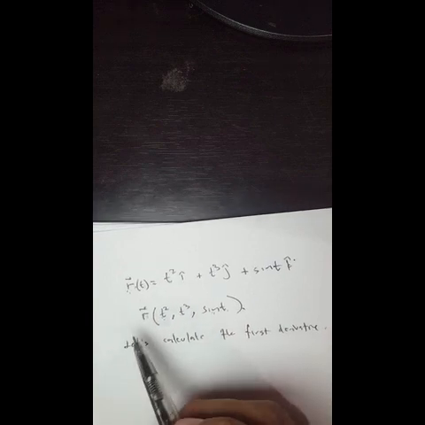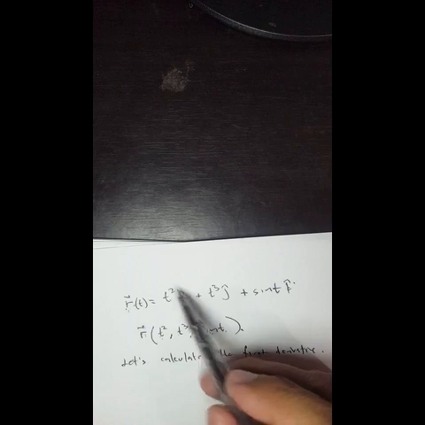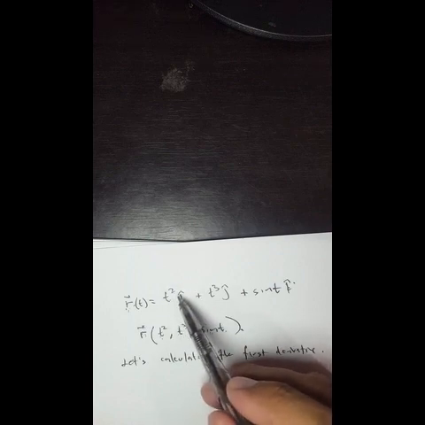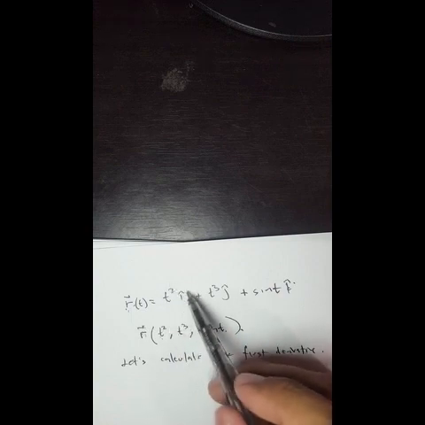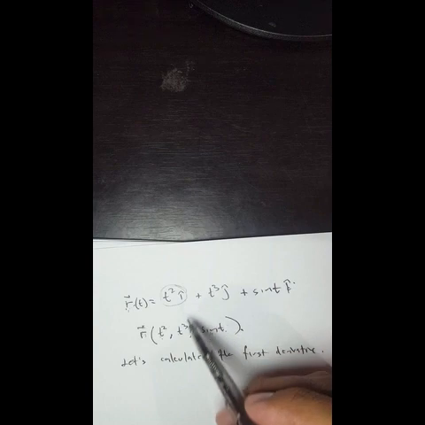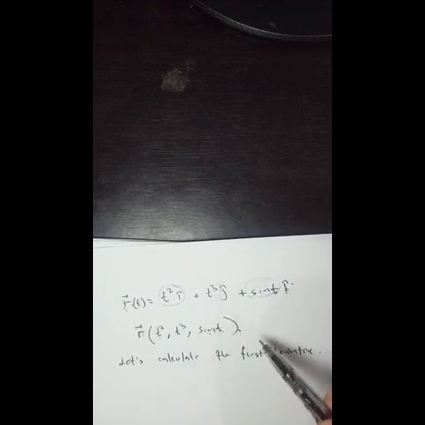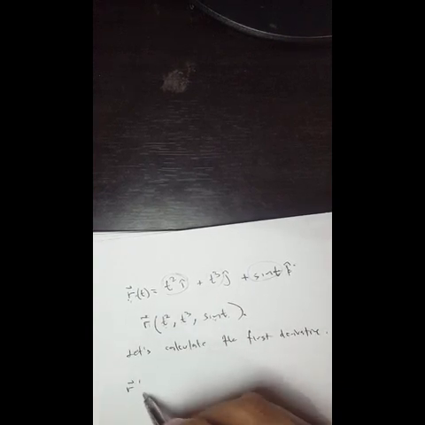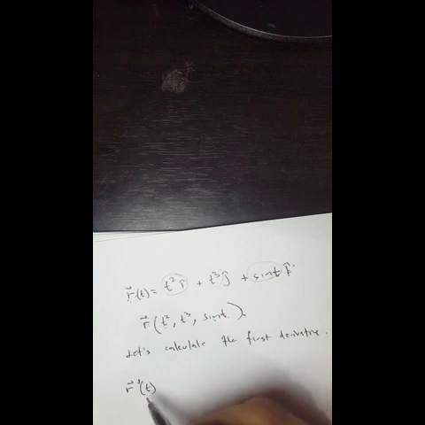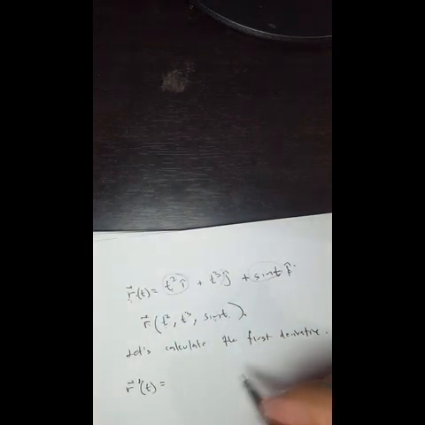Okay, so basically when we take the derivatives, we're just taking the derivatives by components. So for example, let's take the derivative of the x component first, and then the second component, and then the third component. So r prime, the first derivative, is equal to, what's the derivative of t squared?